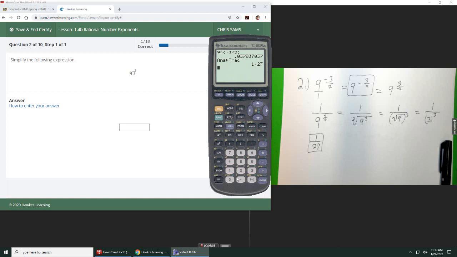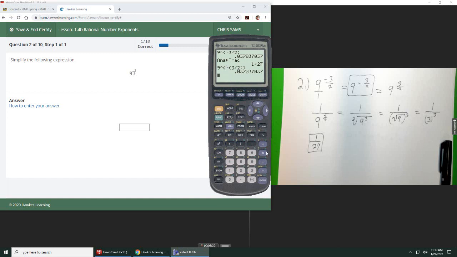If I do it again, I'm going to do 9 raised, open parentheses. This time I'm going to put the negative out front, so I'm going to say negative, and then I'm going to open parentheses so it says separate, 3 divided by 2. So this time I'm wanting them to say, I just want the negative out front of this term.